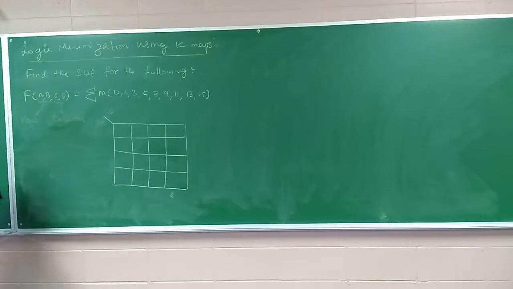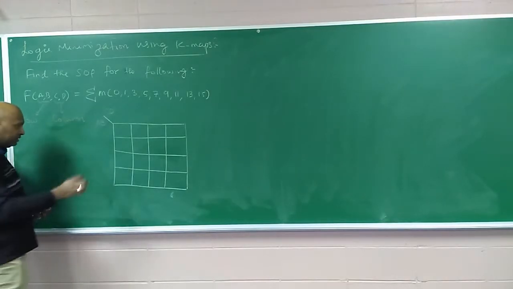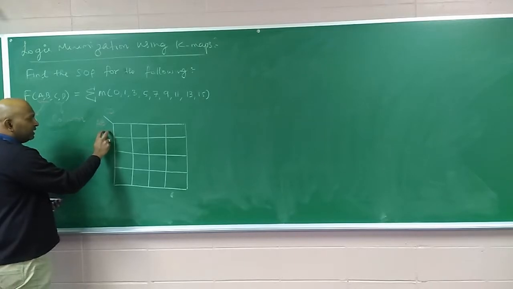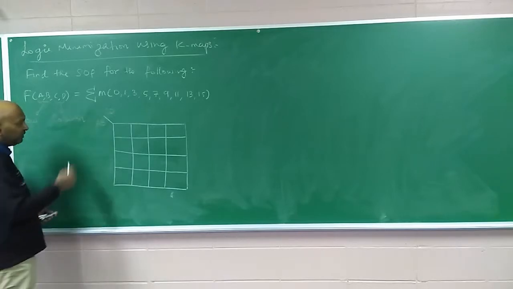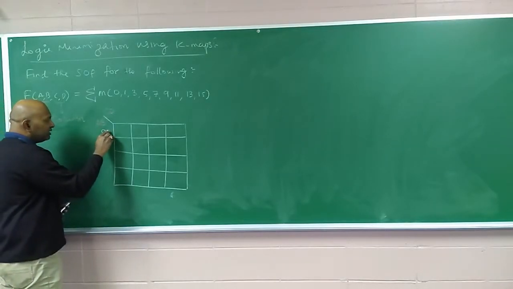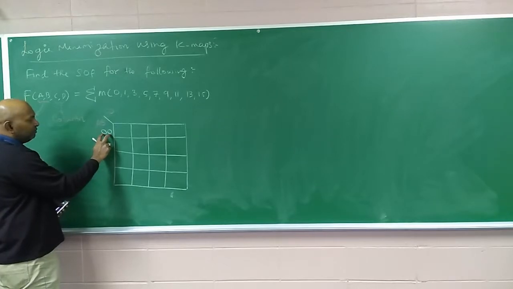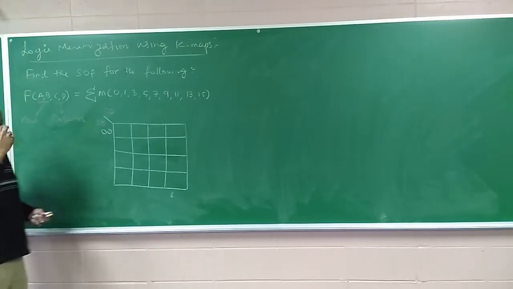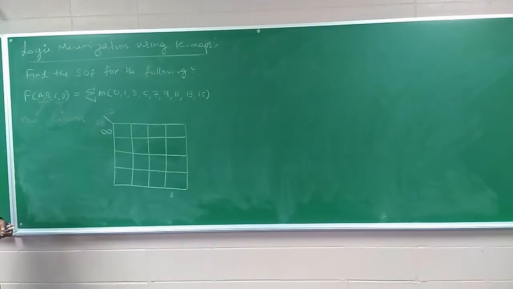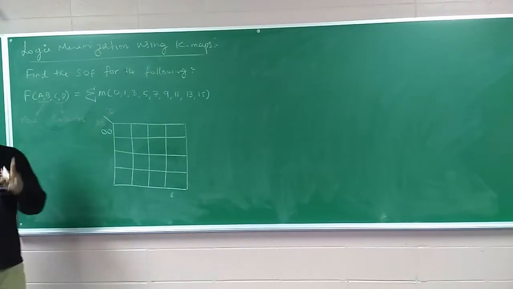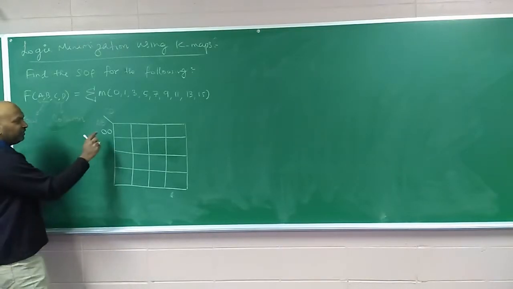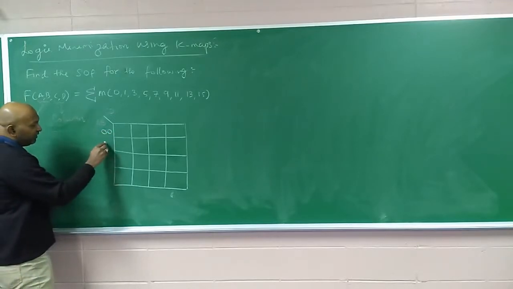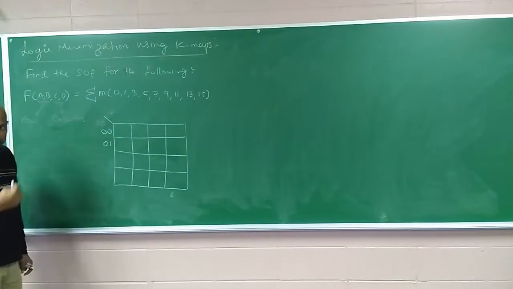The rule in K-maps is that when we assign values, because we have 4 rows, each row has to have a value. Let's start with A, B both being 0, 0. Every adjacent row or every adjacent column must vary by exactly 1 bit, not more than that. So if A and B are 0, 0, then if I write 0, 1, only 1 bit changes, meaning B has changed.